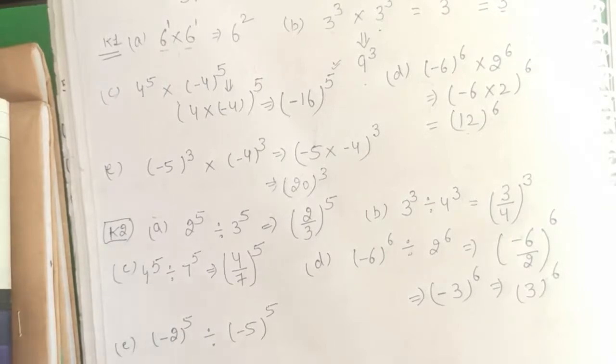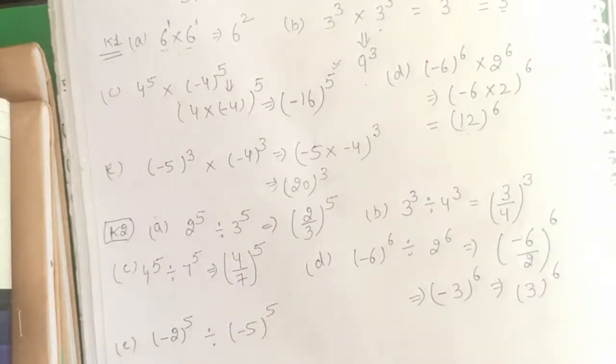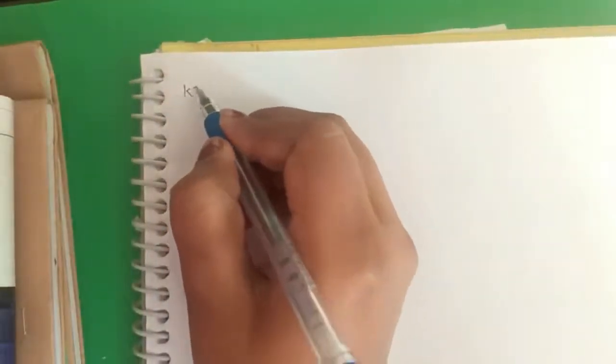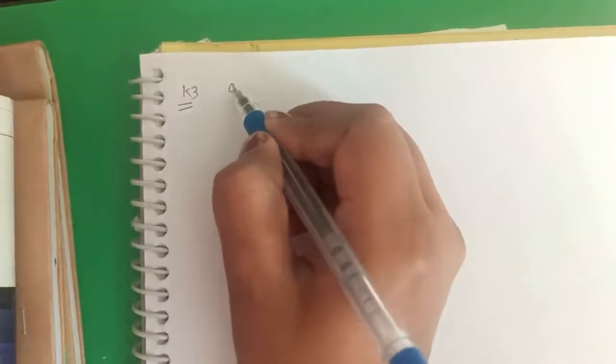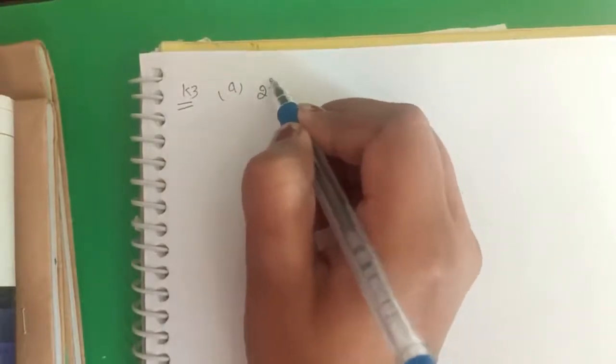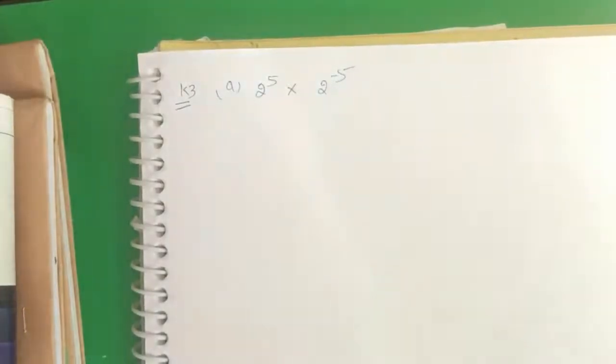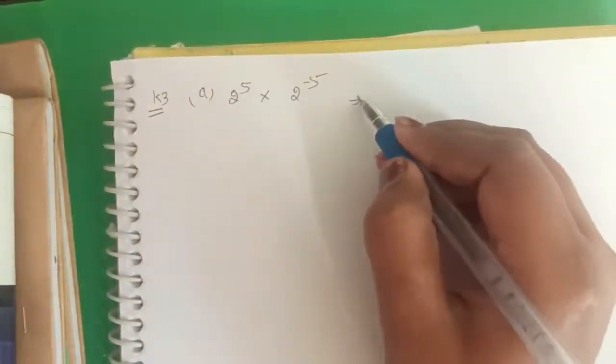Now come to K3, that is simplify these expressions using laws of exponents. Again this is the mixture of division and multiplication laws. So now see how you will do this. K3, that is A part, 2 the power 5 multiply 2 the power minus 5. Base is same. So what happened with the powers?